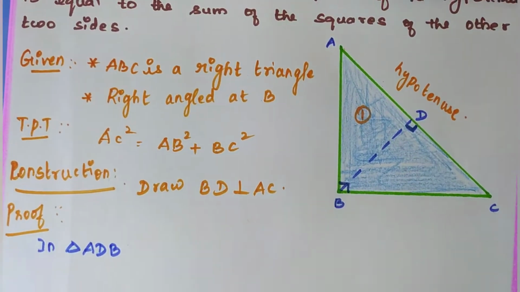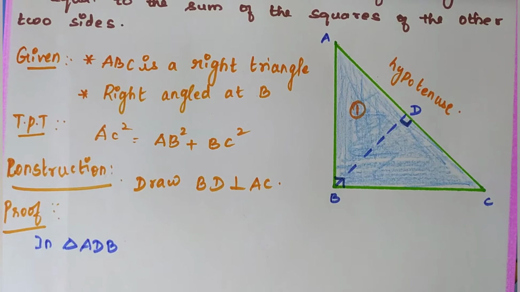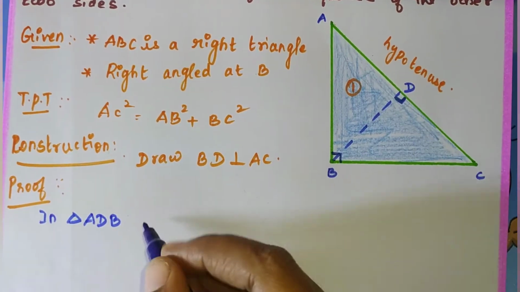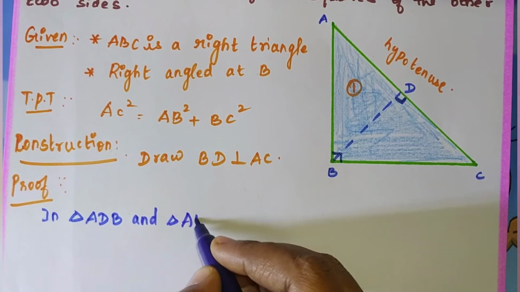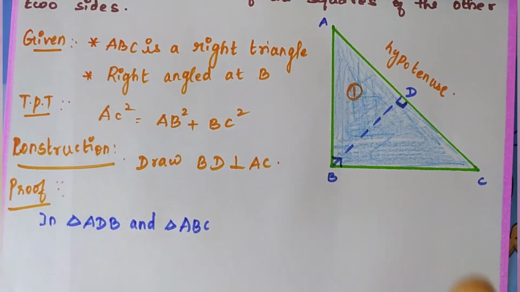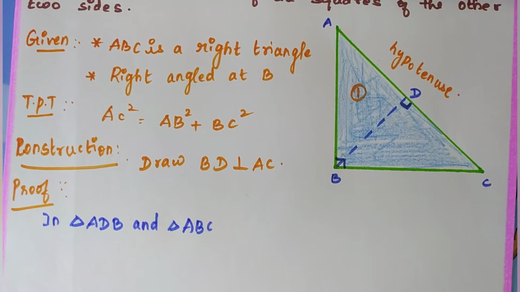Whole triangle and this first triangle, ADB and triangle ABC. We have to prove that the two triangles are similar.